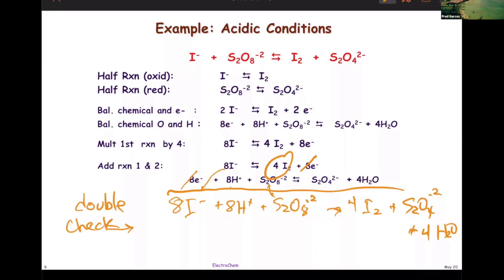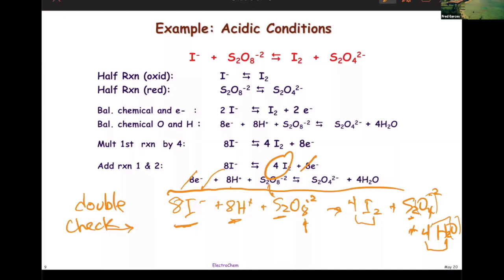So double check. 8 iodines, 4 times 2, 8 iodines. 8 hydrogens, 4 times 2, 8 hydrogens. 2 sulfurs, 2 sulfurs. 8 oxygens, there's 4 here, and there's 4 here, because there's 4 waters. So there is a mass balance, the element balance.